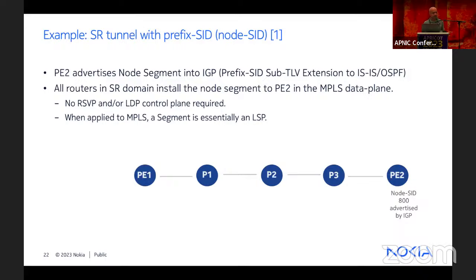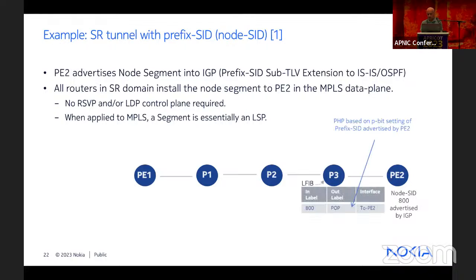What we do is we enable the segment routing extensions for the IGP. So OSPF, ISIS are both supported. When we configure this, it's advertised as part of your IGP, LSAs or LSPs, depending on what you're using. So 800 will now be advertised.